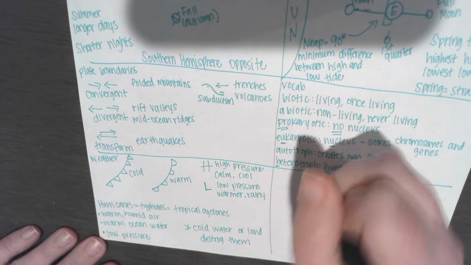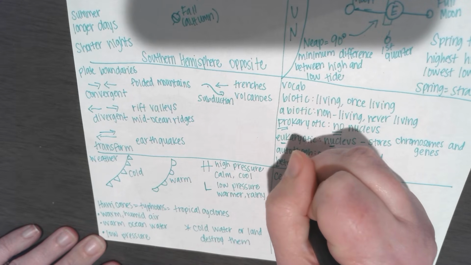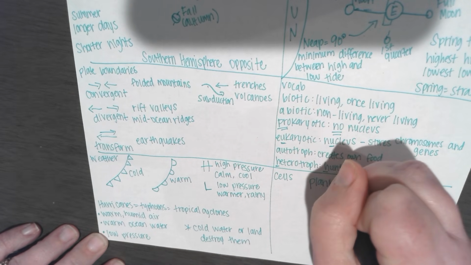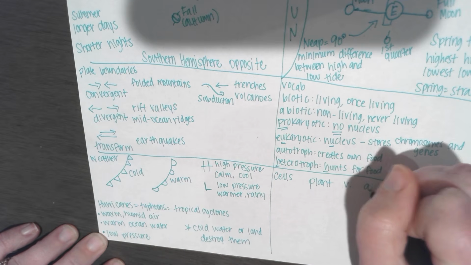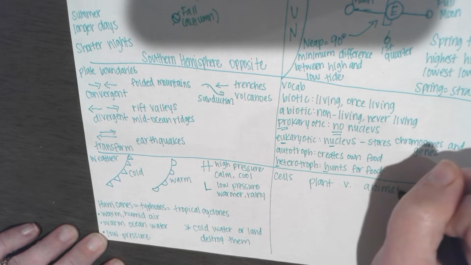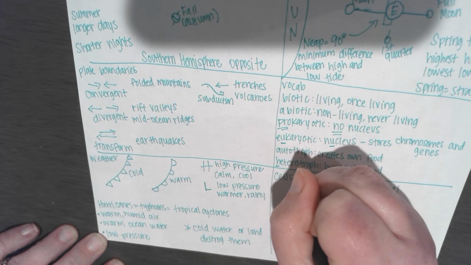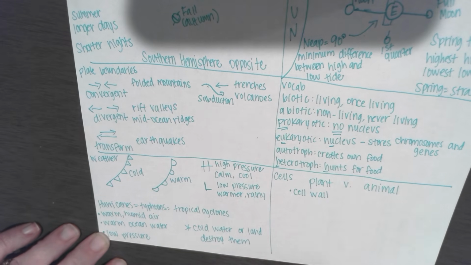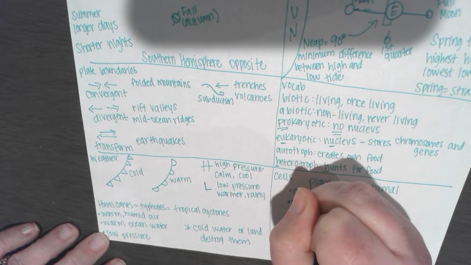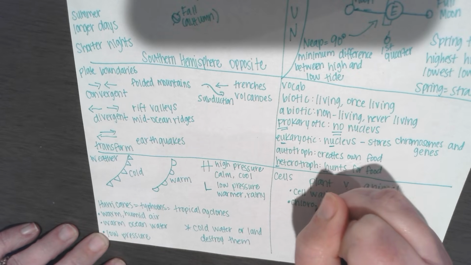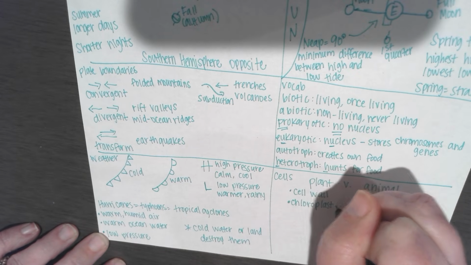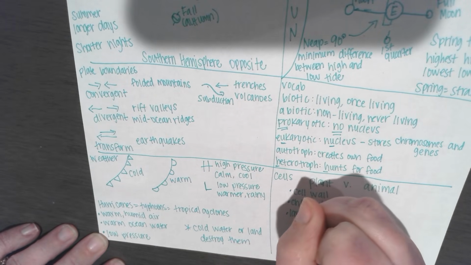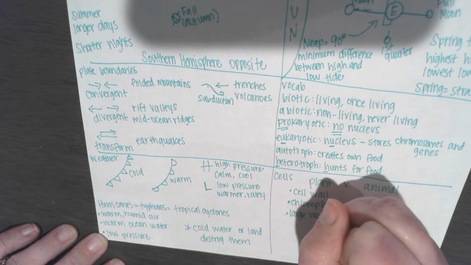And our final box is our cells box. We're going to do a plant cell versus an animal cell. In a plant cell, you'll find a cell wall. Remember, they need those for the structure and support. You'll find chloroplasts because they make their own food. You'll find a larger vacuole because they store a lot of water.